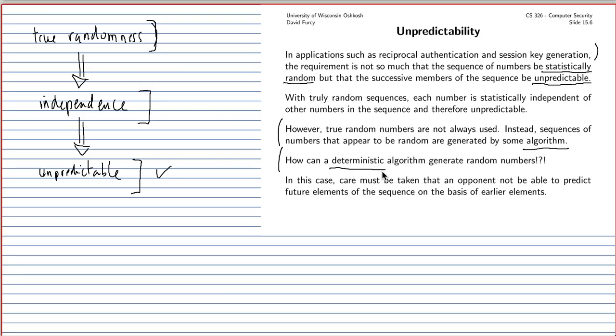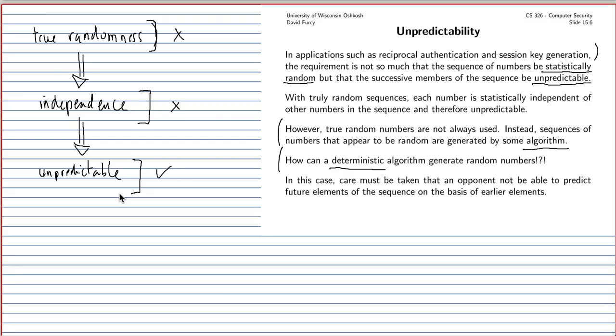Well, the answer is that it cannot. But again, we are not really looking for true randomness or true independence of the values within the sequence. We're going to be satisfied by using sequences that are simply unpredictable, because unpredictability by itself is enough to thwart an attacker who would want to use the known sequence to predict the upcoming numbers.